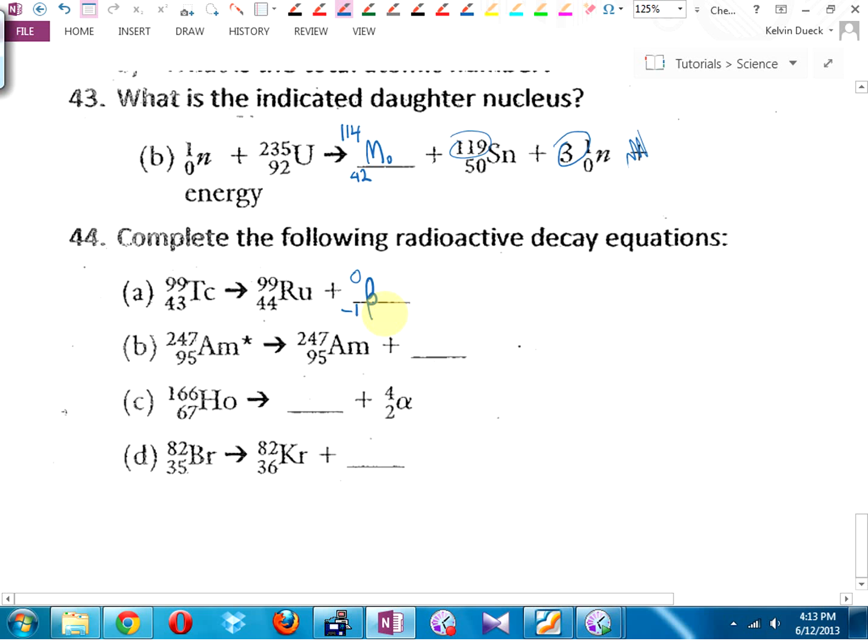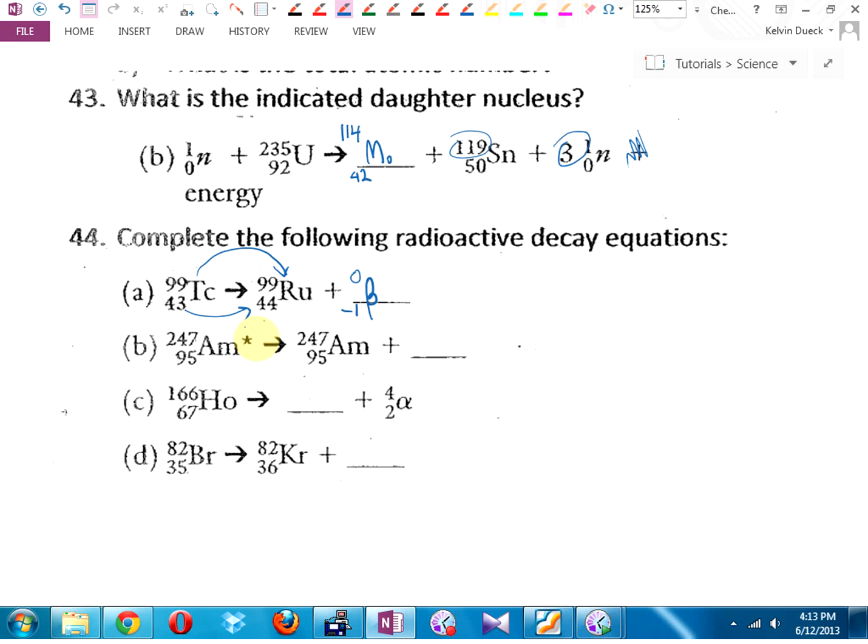Anyways, for what it's worth, you can see an element has changed into a different element. Why? Because what determines the element is the atomic number, the number of protons. It gained a proton. What happened was a neutron turned into a proton and gave off an electron.